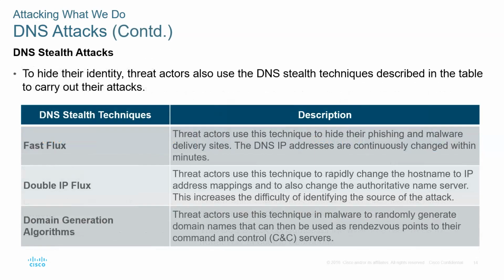All right. Fast flux. We'll write these down. Threat actors will go into the DNS and change their names very, very quickly because they create domain names and IP addresses they only want to use temporarily, to fool people, to steal, or whatever they want to do, but they want to change the name and the IP address very quickly.